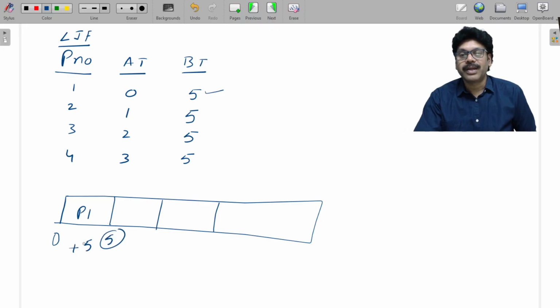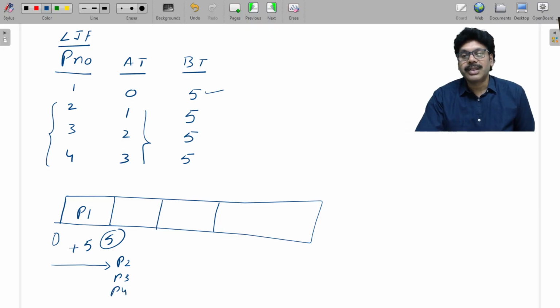During these 5 units of time of P1's execution, the other processes have arrived: one at 1, another at 2, another at 3. So P2, P3 and P4 are there. Among these 3, which has the longest burst time? None, because their burst times are the same.